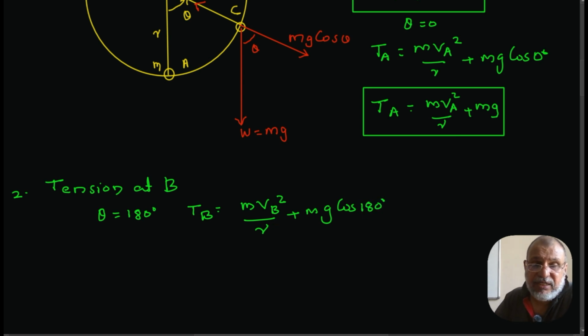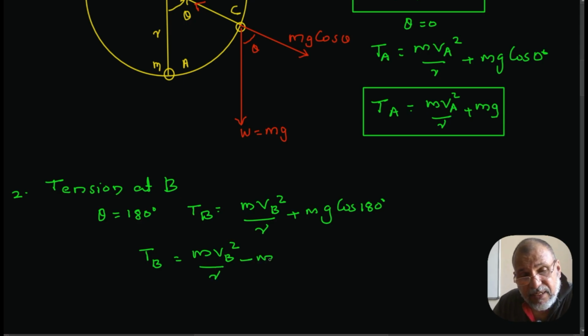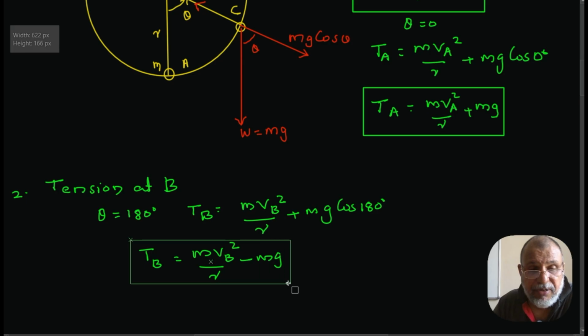Cos 180 is minus 1, so this becomes negative mg. So TB is equal to m vB squared over R minus mg. This is the expression for the tension when the body is at the point B.